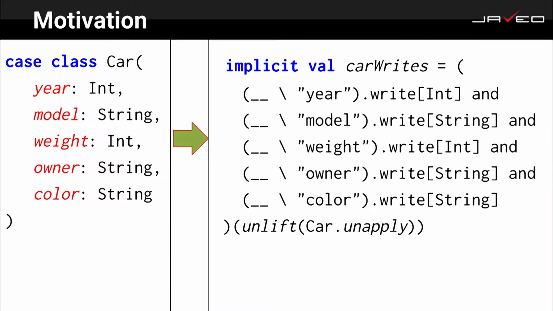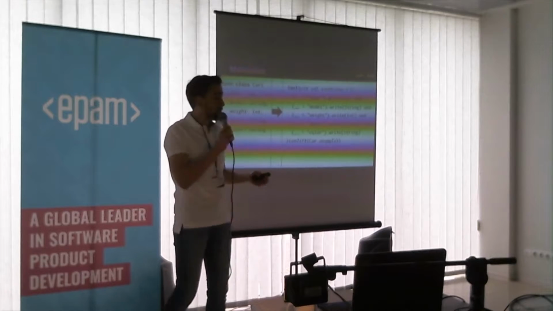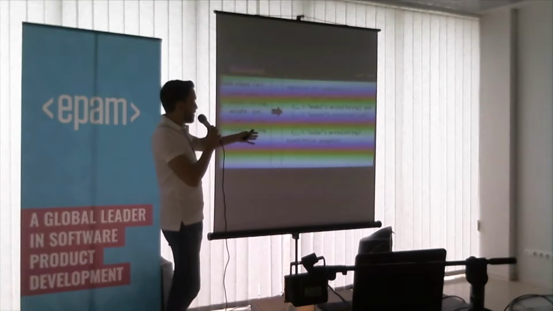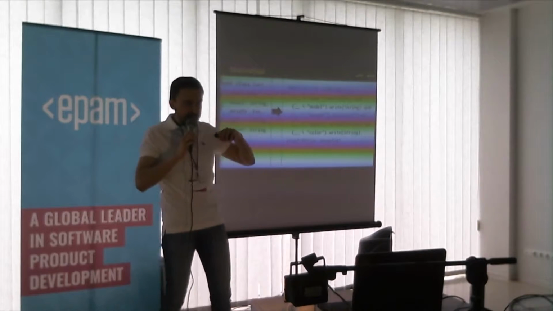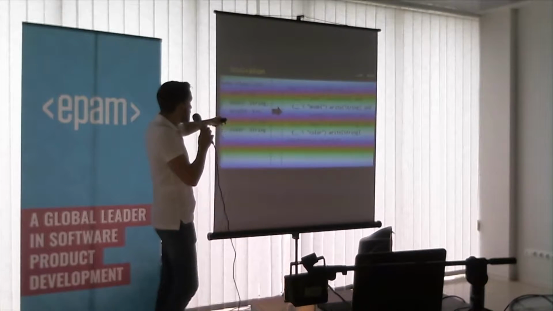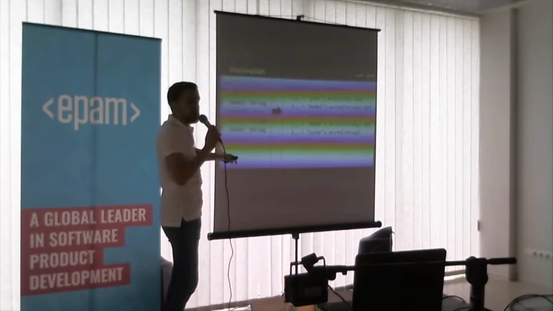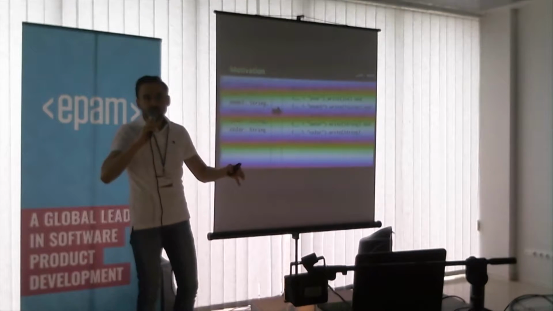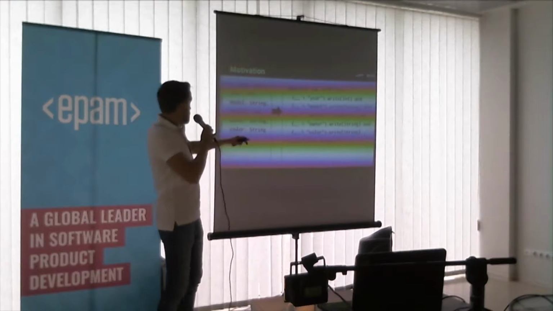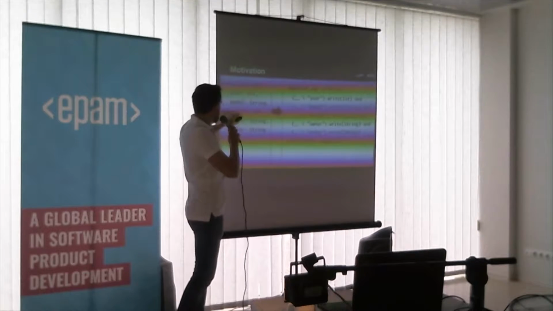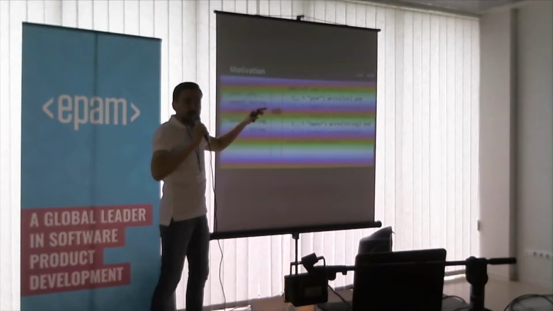Even in such a concise language as Scala, you have to deal somehow with boilerplate code. There's nothing wrong with this code, but actually it's a rewritten car class. So let's think about the code on the left, this case class definition, as a bag of words, a bag of tokens. You've got this year, string, weight, model. These are tokens.